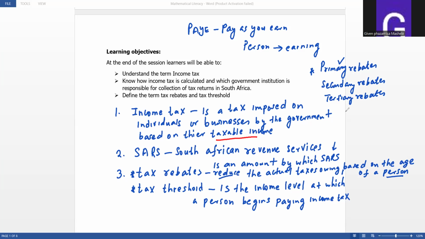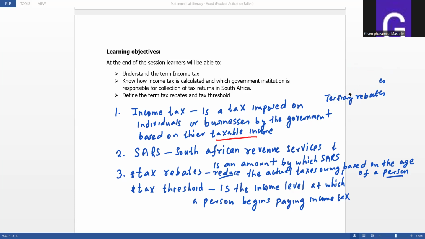So one must be able to use the tax brackets in order to calculate the income tax of individuals or businesses or entities. Now, I want us to go deeper and ask, how can one calculate an income tax, whether on an annual or on a monthly basis?